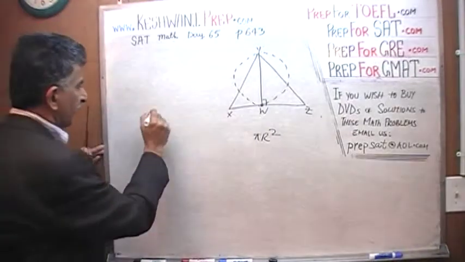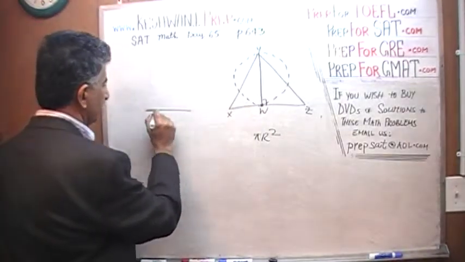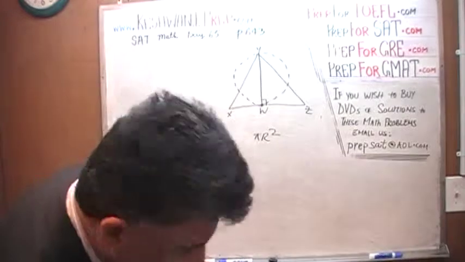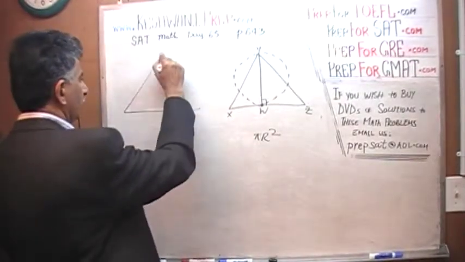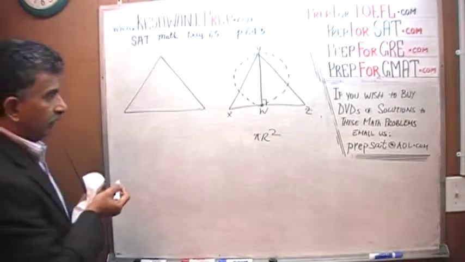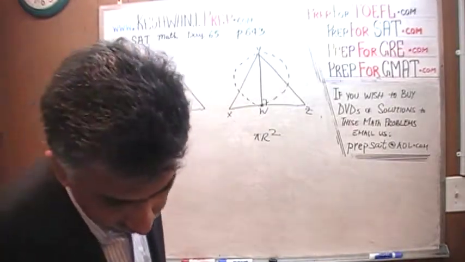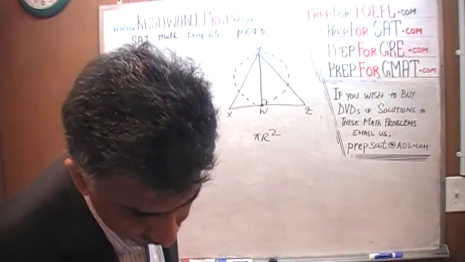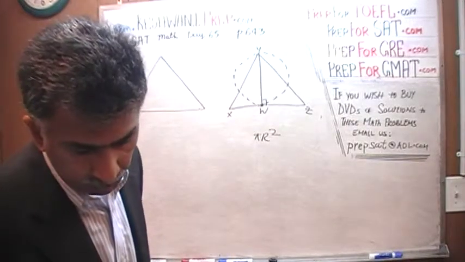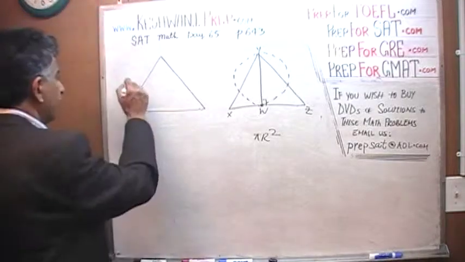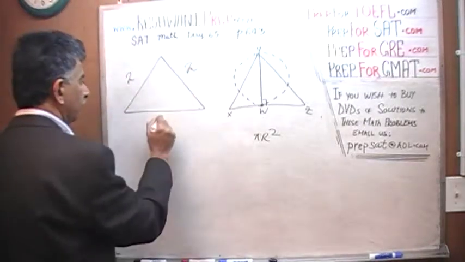If you look at just the triangle, here's what it is. We are told that this is an equilateral triangle, and we are also told, I believe somewhere in the problem, that one of the sides is 2. In the picture above, triangle XYZ is an equilateral triangle with a side of 2, which means this side is 2, this side is 2, and this side is 2.